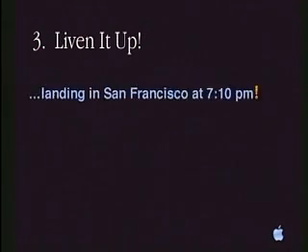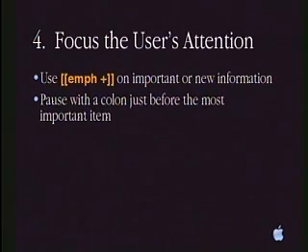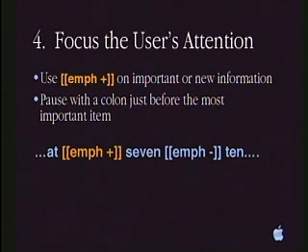Third principle is to liven it up simply by adding an exclamation point at the end. Fourth principle is to focus the user's attention by emphasizing the important words. This can be done with an emphasis command or simply by inserting a colon before the most important item.